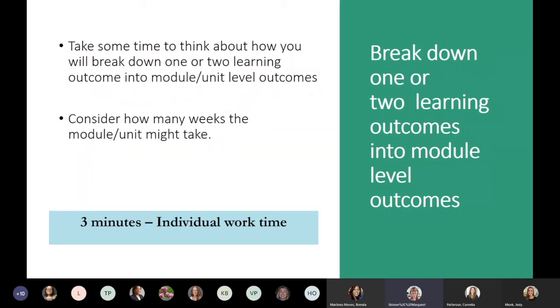But here, when you're thinking about the module learning outcomes, it is probably more how we think about the actual student learning outcomes. At this point, they become measurable. They become actual specifics that the students are going to be doing to meet that course outcome. Does that make sense?